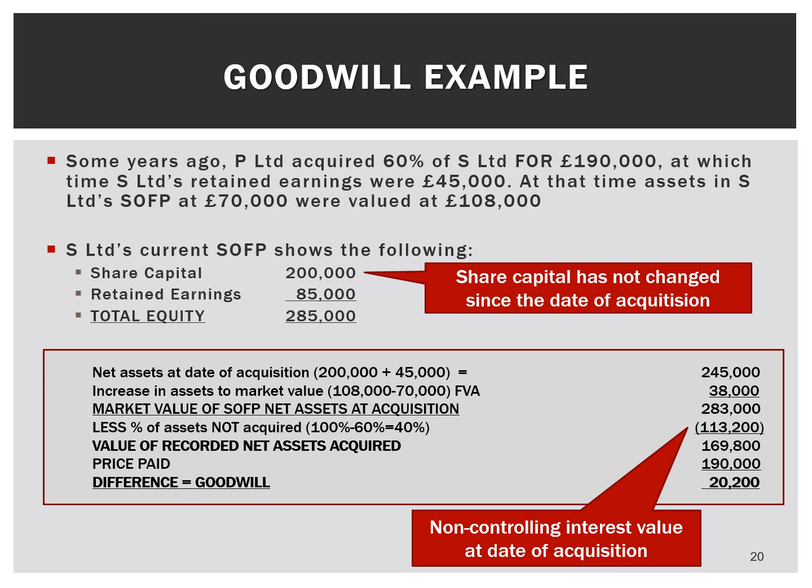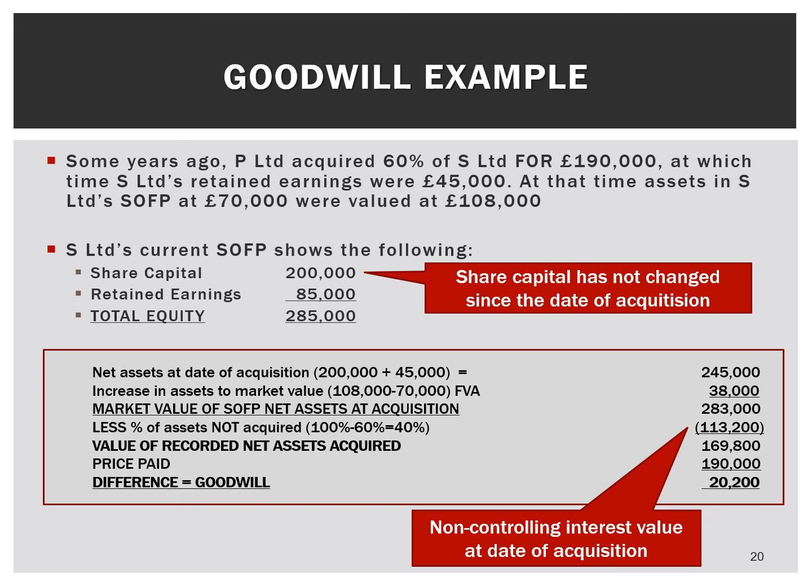In this case, we work out the net assets of the company at the date of acquisition, add on to that an adjustment to take account of the market value of assets at that date. That gives us 283. We deduct from that the part of the assets that we haven't purchased.